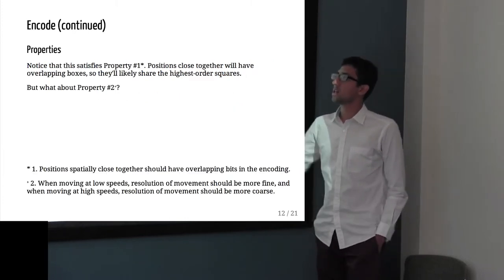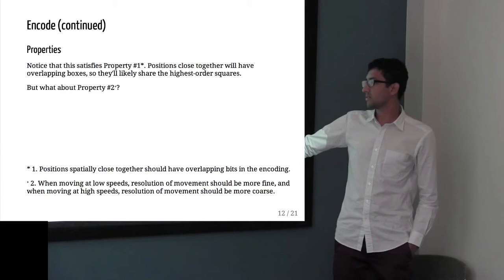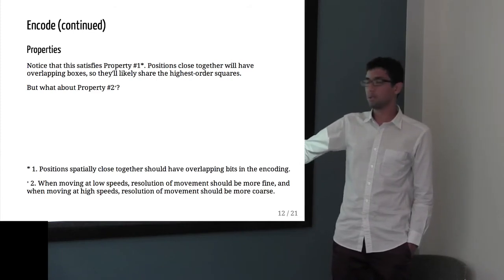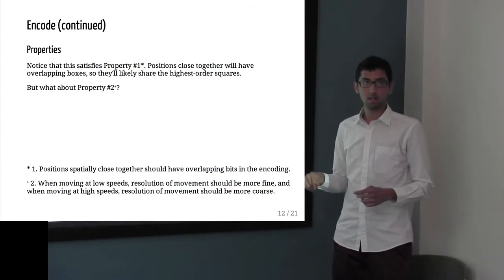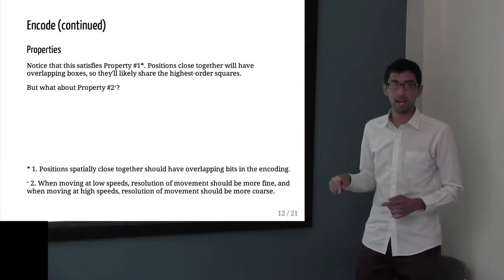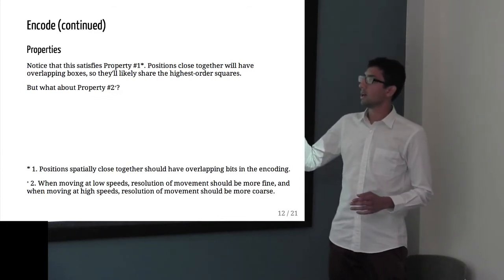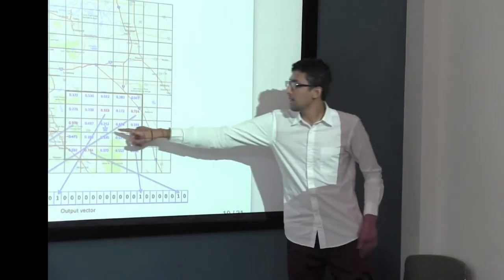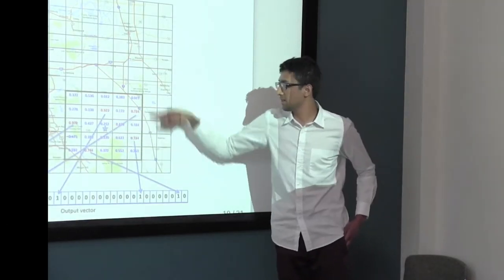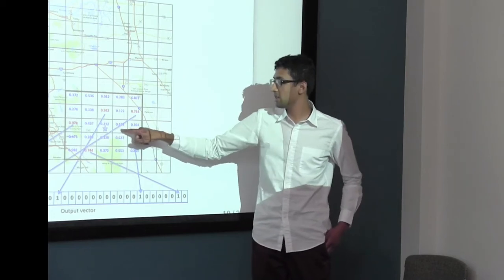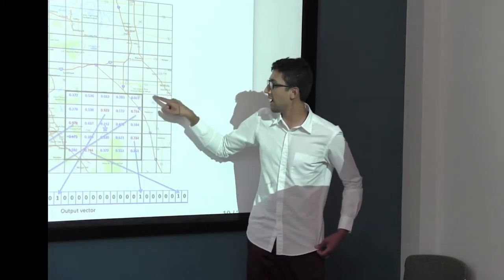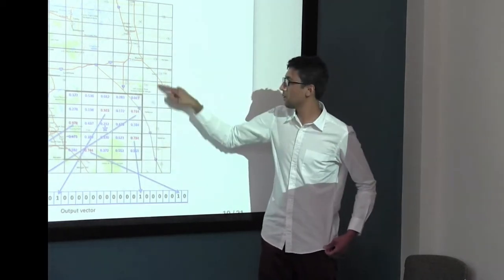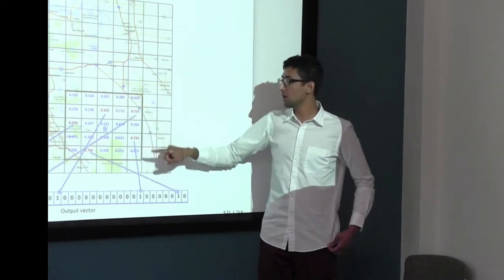So note that this satisfies property number 1, which was that positions that are spatially close together should have overlapping bits in the output. If you go back 2 slides, you'll see that this position generates this box, right? But if you had this position instead, then you would have this box, which overlaps a lot with this one.